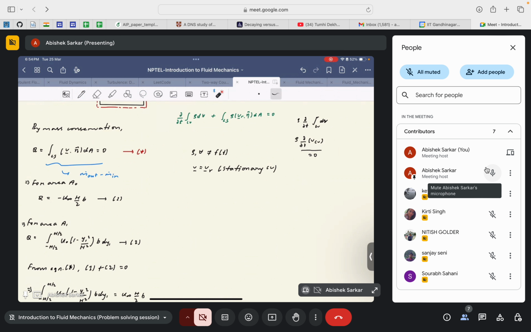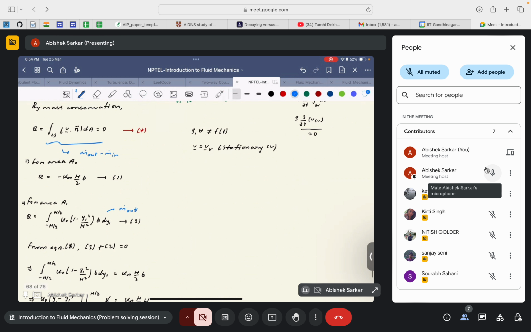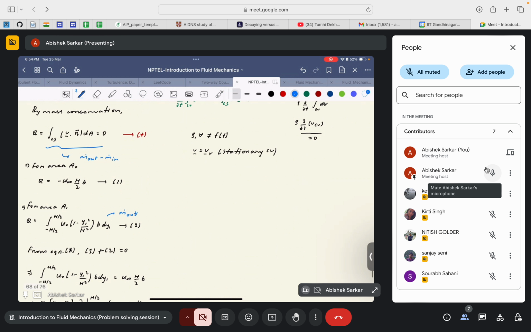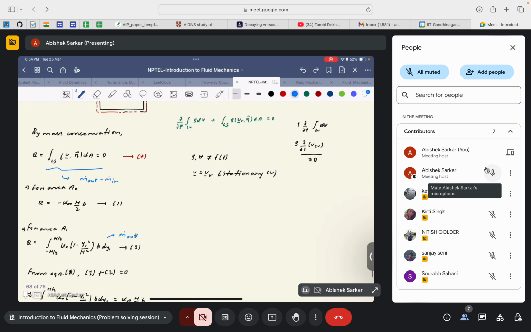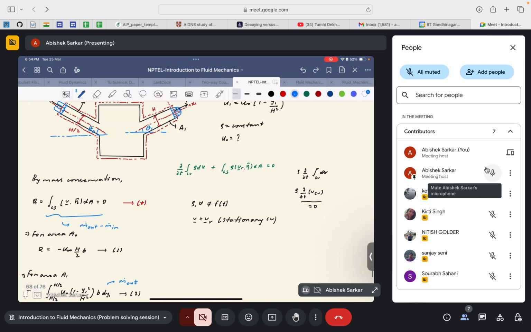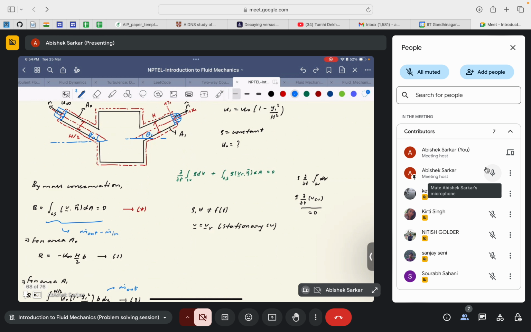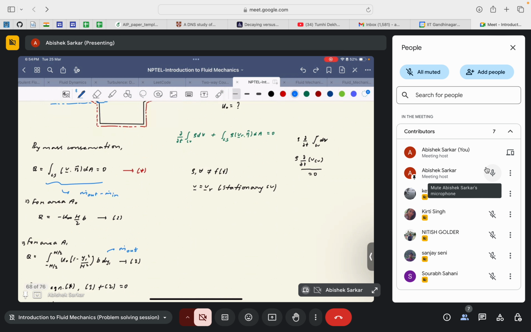So m dot out would be equal to the integral of u, which is given by u naught times 1 minus y1 square by h square, times the area, b, which is constant, times dy1, the elemental width of the area that you are taking.